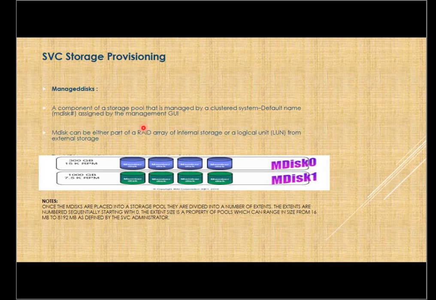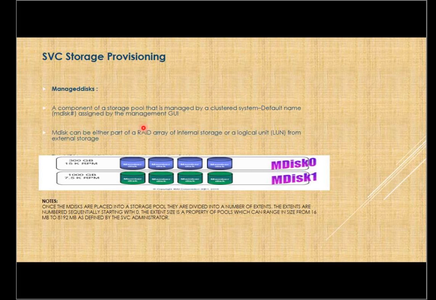But in the case of SVC or any other virtualization at the storage array level, these LUNs will not be utilized as volumes. Instead, they will be coupled with other LUNs of similar or dissimilar arrays and will then be provisioned to hosts as volumes. Therefore, we cannot name these ones as LUNs yet. Hence, SVC calls them managed disks.